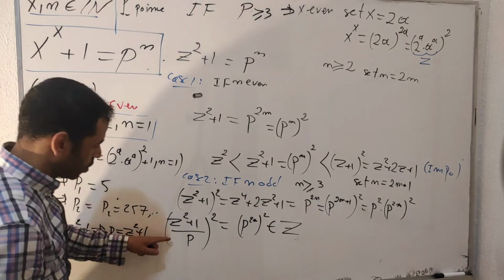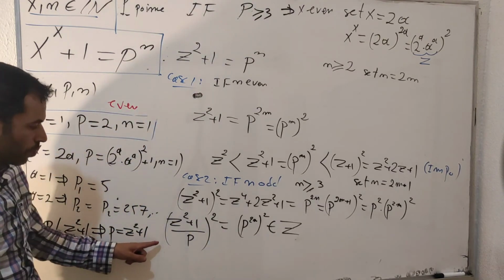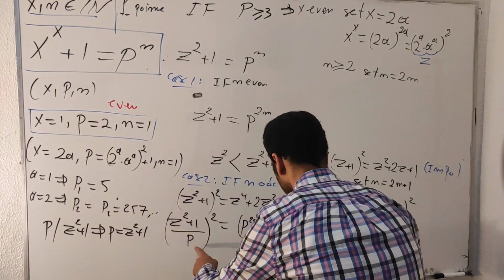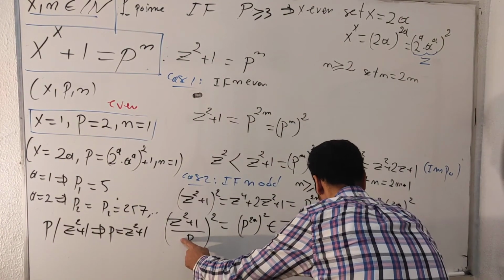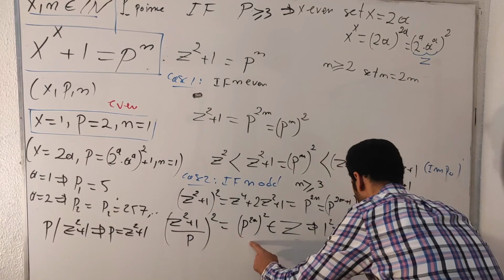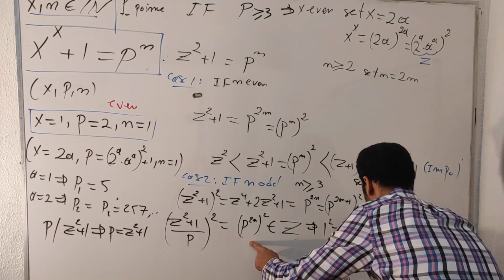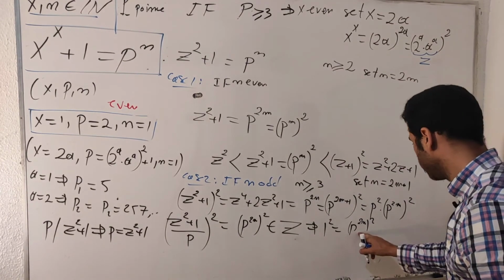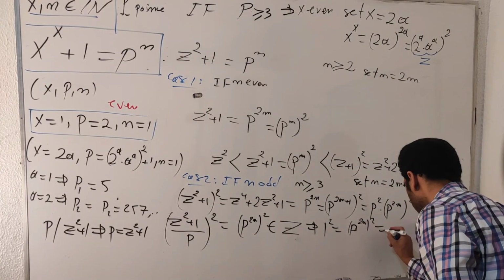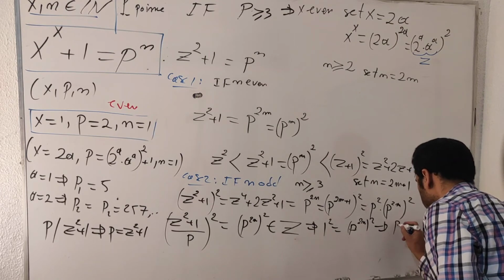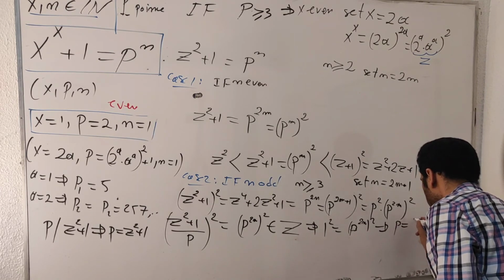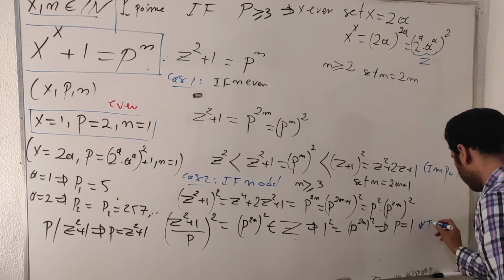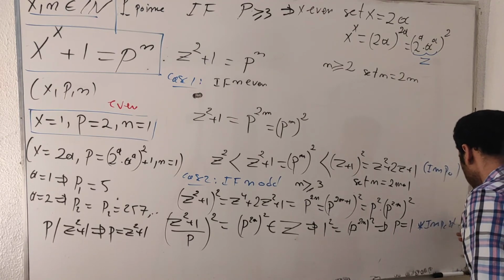Okay, if p equals z squared plus 1, which is telling us it will have 1 squared, which equals (p to the m) squared. Since p to the m is a prime, which means p is going to divide 1, which is impossible, which is a contradiction.